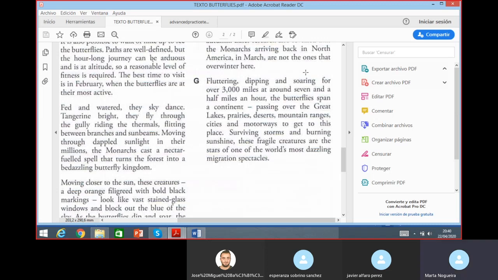The butterflies span a continent, passing over the Great Lakes, prairies. Prairies means praderas. Deserts, mountain ranges. Ranges es cordillera.